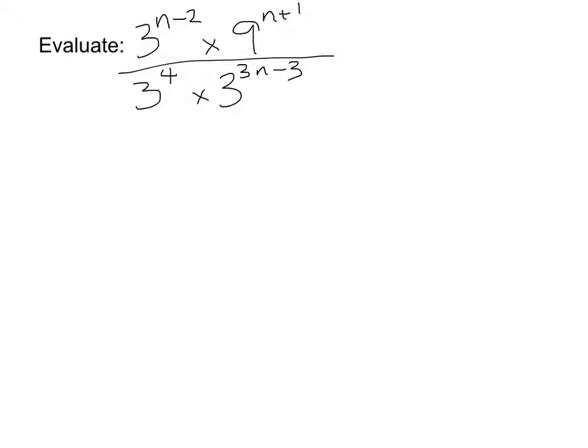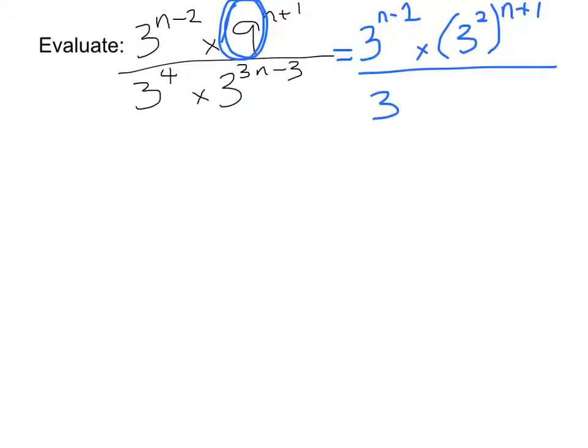So this one has still got 3 to the power of things in it, but notice it's also got this 9. So we have to recognise that that is 3 squared, and after that we're fine. So we get 3 to the power of n minus 2 times 3 squared to the power of n plus 1 divided by 3 to the power of 4 times 3 to the power of 3n take away 3.